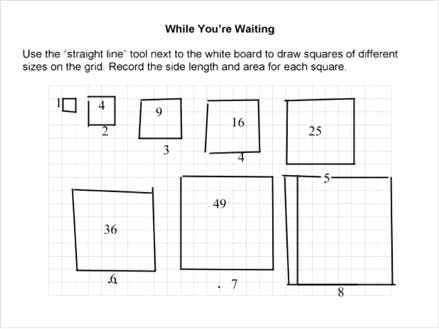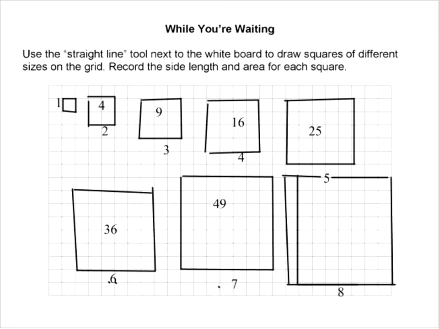All right, so this was our warm-up for the session. Pat, again, has helped us fill in these answers to the prompts that we've been leaving on the whiteboard. What you were to do was to draw different sizes of squares on the grid, and then record the side length and area, which we see that Pat has done nicely for us.